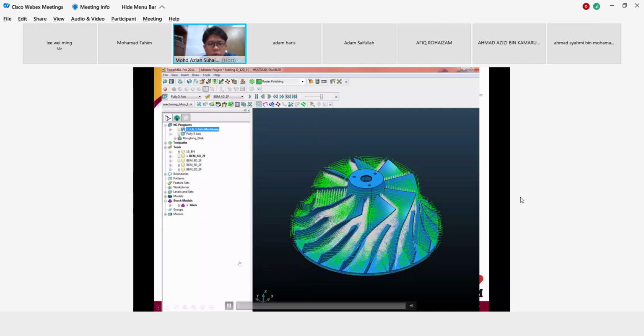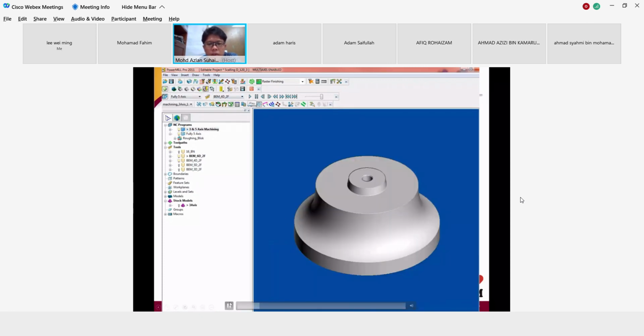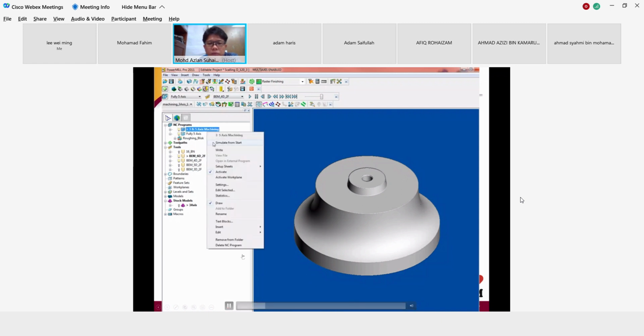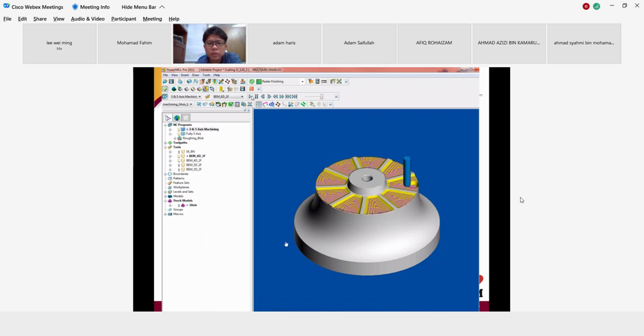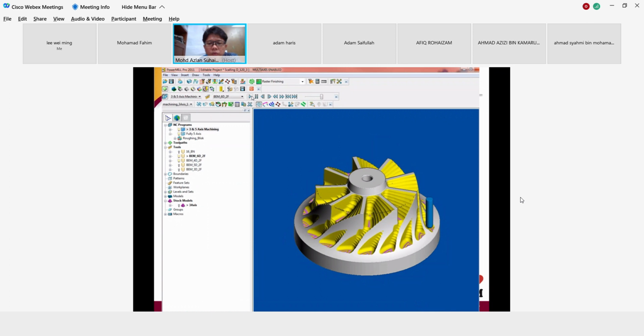I will show you some movement here. This is your bulk material, the initial shape of the impeller before it is machined. This has been fast forwarded.